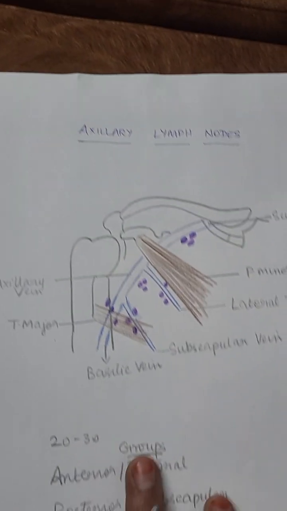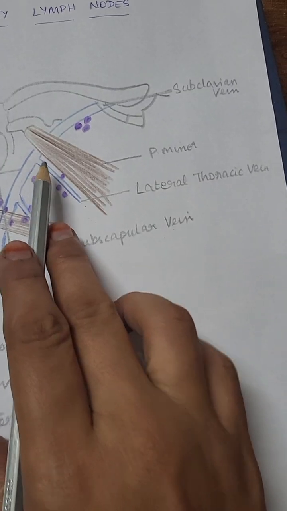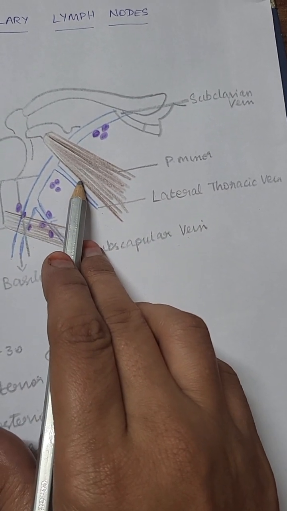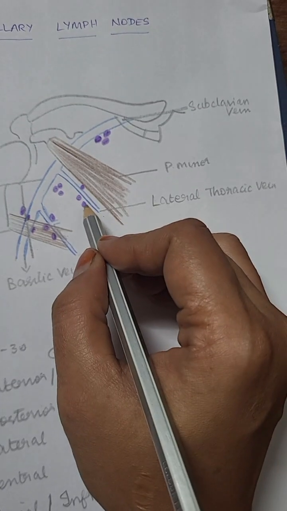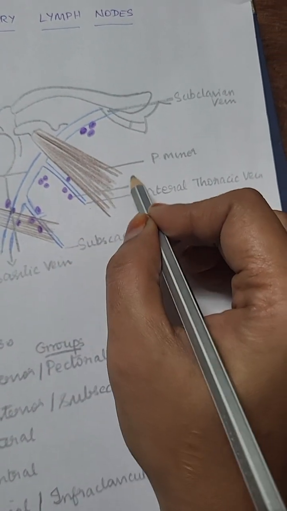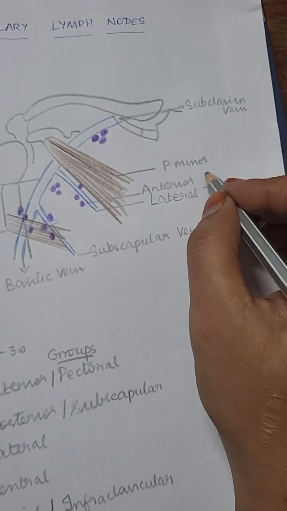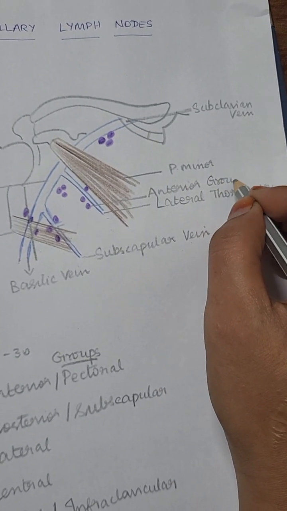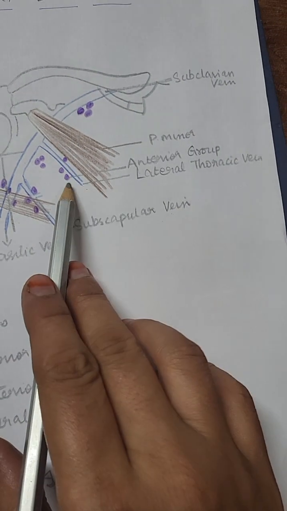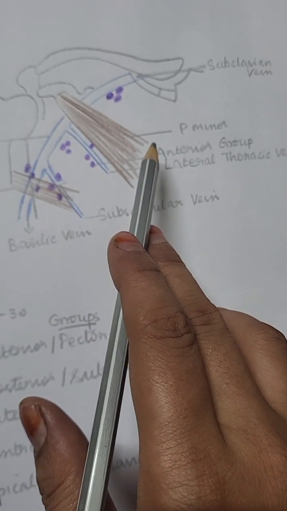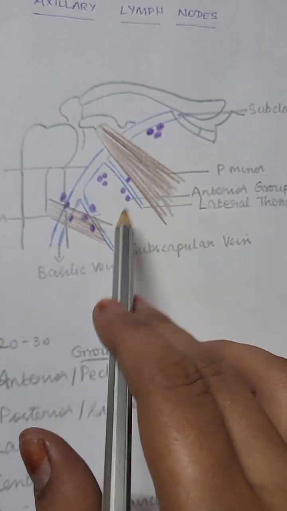Yes. So along the lateral thoracic vein, these lymph nodes are situated, and they are the anterior group of lymph nodes or pectoral group. They drain the upper half of the trunk anteriorly and also the breast.